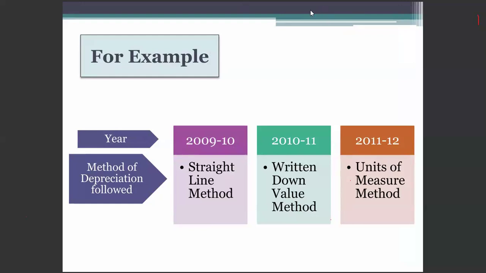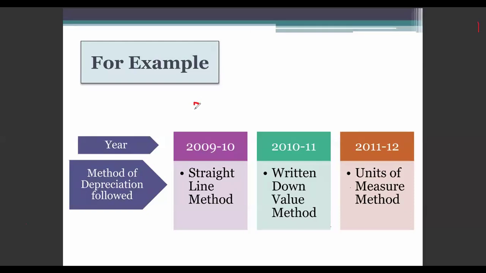Here, when it is the straight line method, I have 5,000 rupees fixed as depreciation. When it is the return on value method, instead of an amount, the percentage is finalized. So if it is 5,000 here and it is 10% here, I cannot compare them directly.